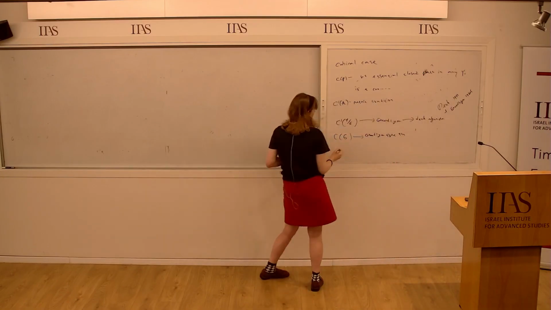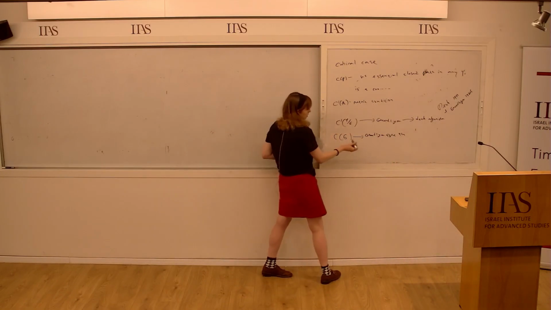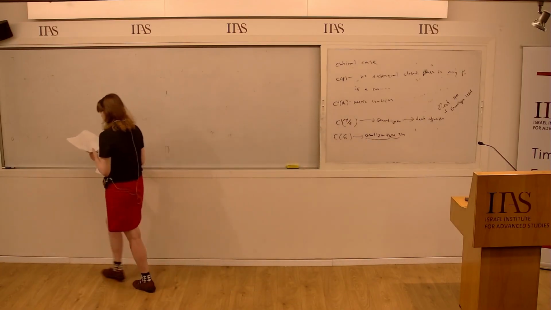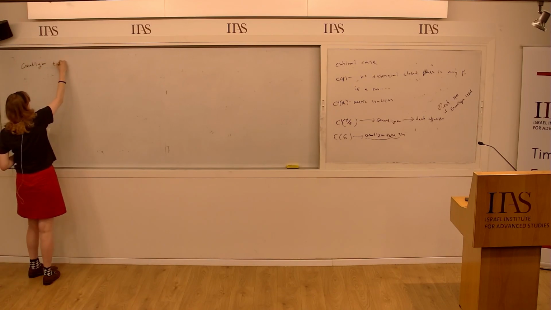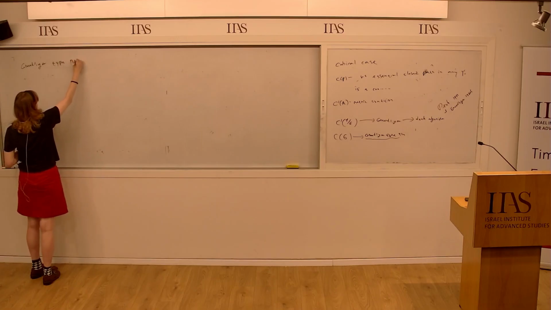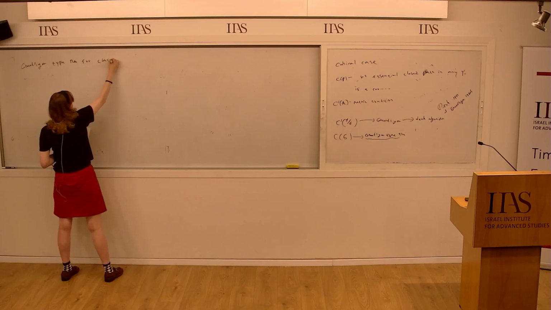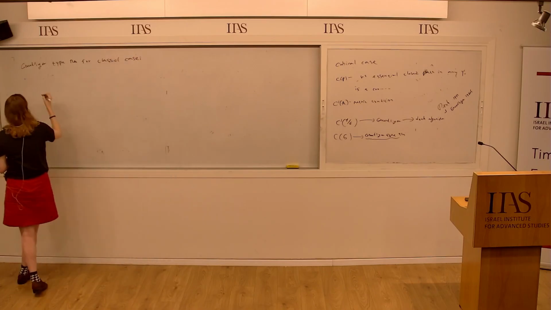I think before I try to describe what happened in the cubical case, I'll write the Greendlinger-type theorem so you can see what I'm talking about. For the classical case it will be something like this.